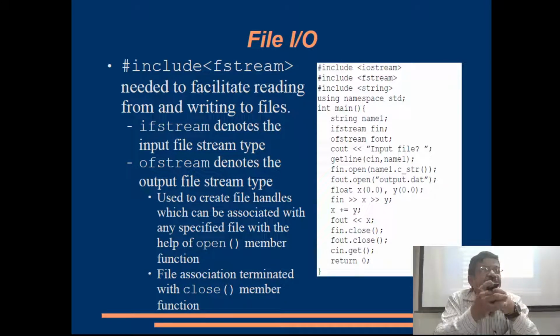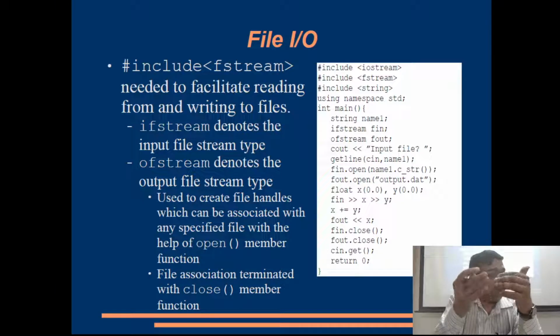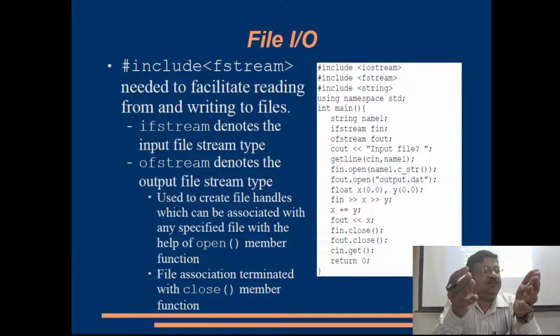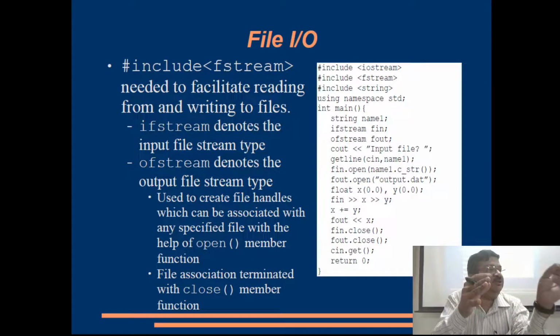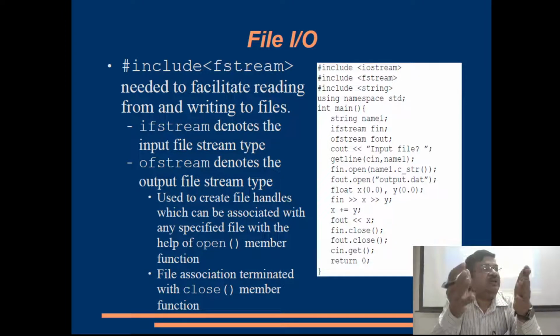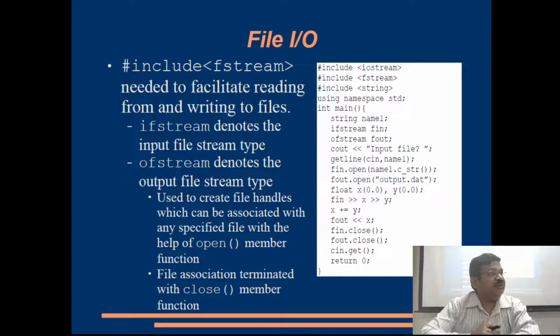For that, we need additional facilitation. Beyond the standard input output stream, we also need fstream facilities. fstream is file stream, right? So in addition to iostream, we need to include the fstream header, which gives us access to functionalities related to defining file streams.